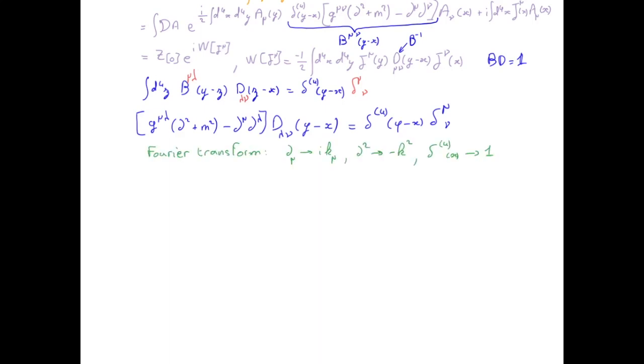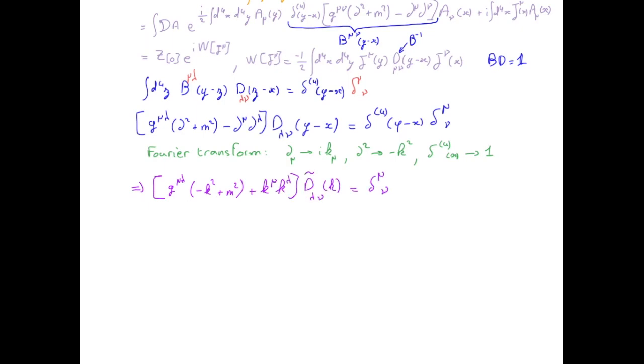We already did some calculations with Fourier transforms in some detail, and what we realize is that we can do a quick Fourier transform simply by replacing derivatives by i times the momentum, del squared by minus k squared, and the Fourier transform of the delta function is just 1.